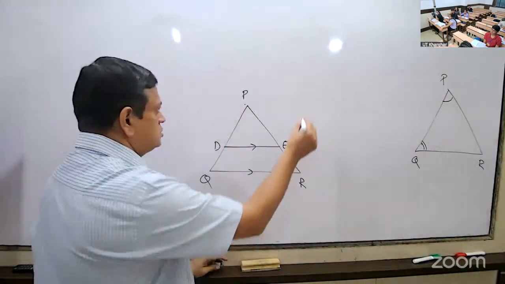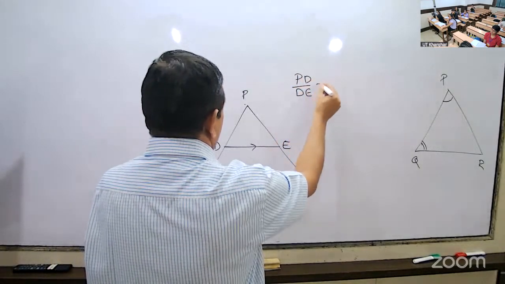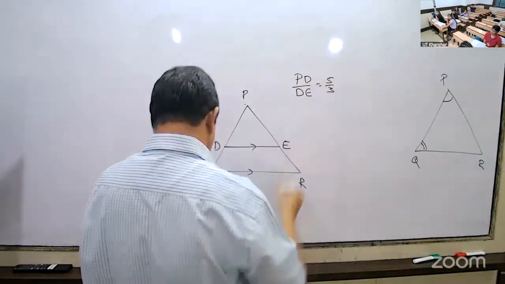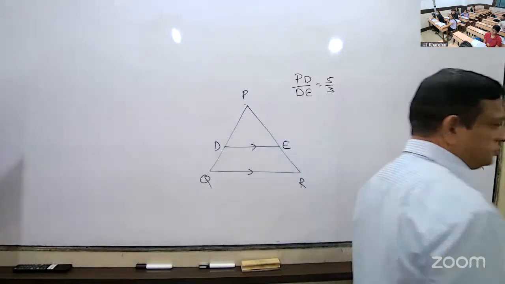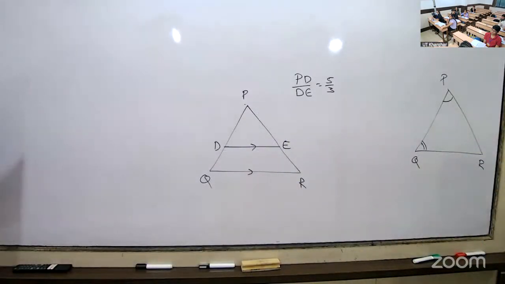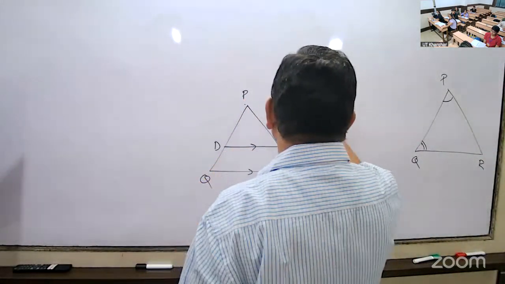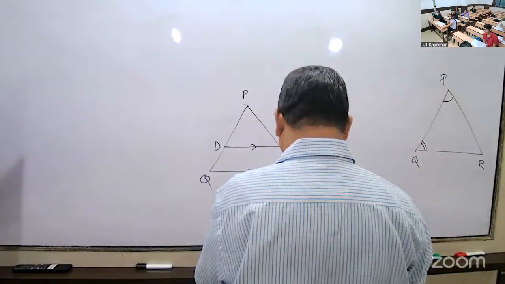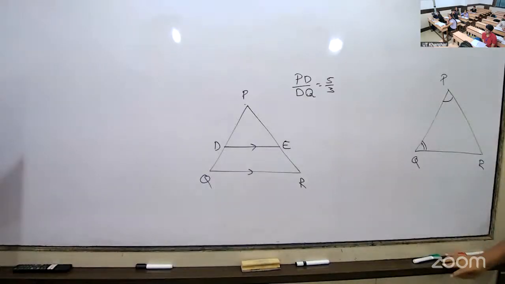Suppose it is given that PD by DQ is equal to 5 upon 3.